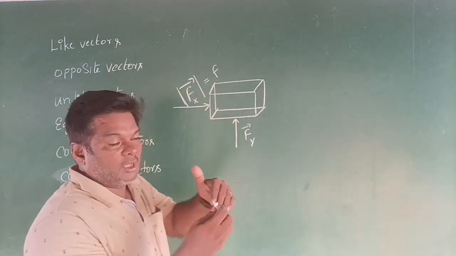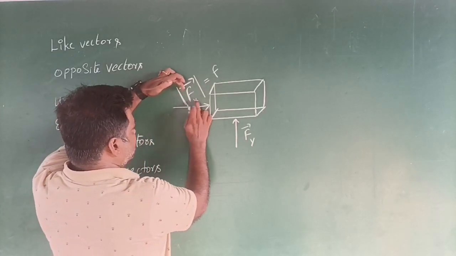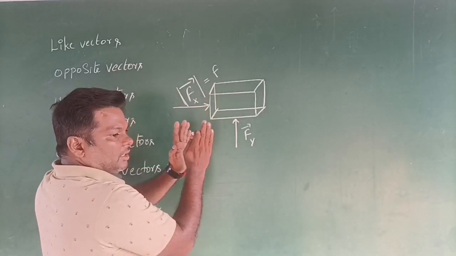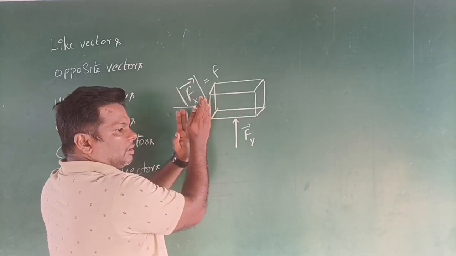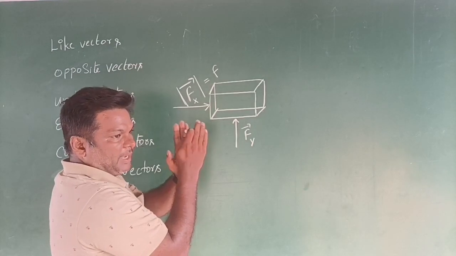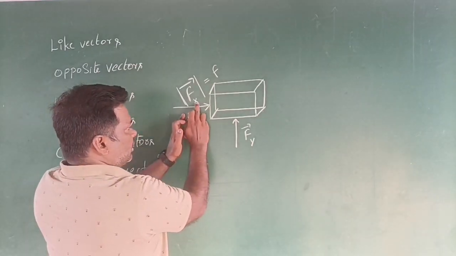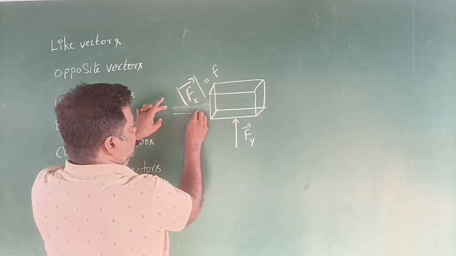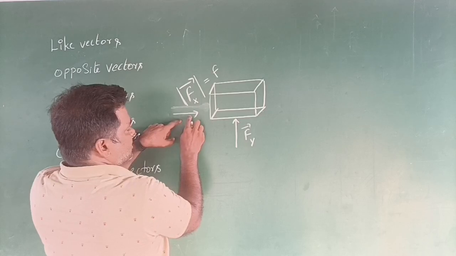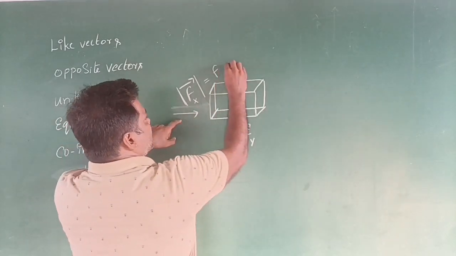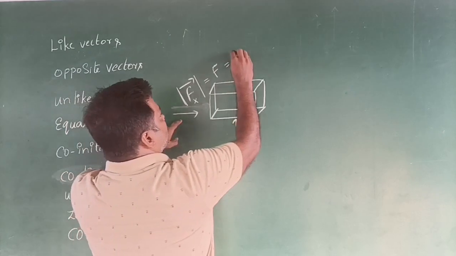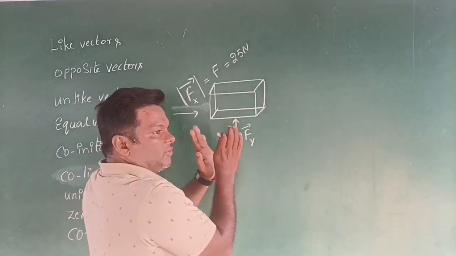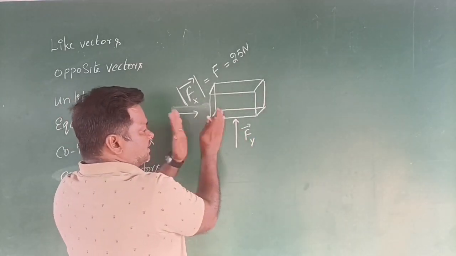These two vertical lines give you the information that you are given the magnitude of a vector, the magnitude of the vector along the x-axis. How much am I giving? Magnitude: 25 newtons of force is acting along the x-axis.